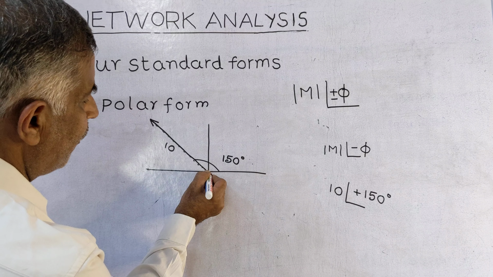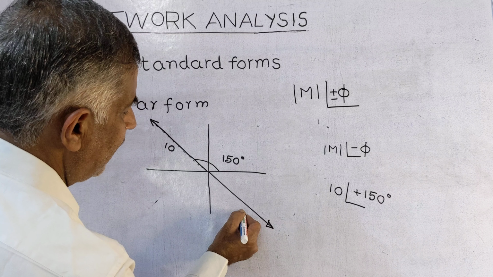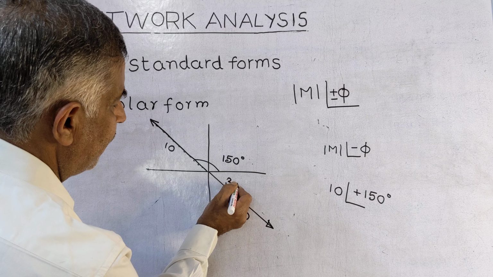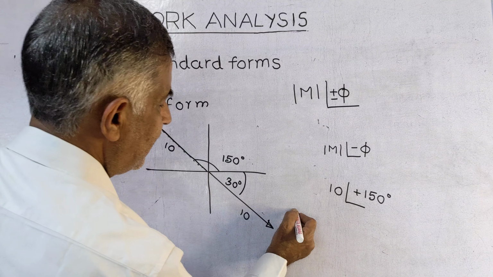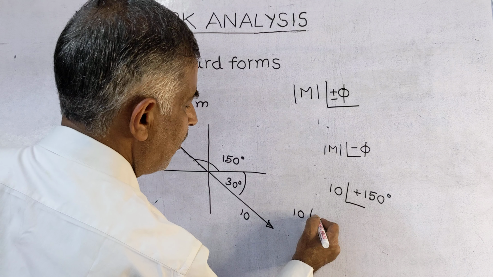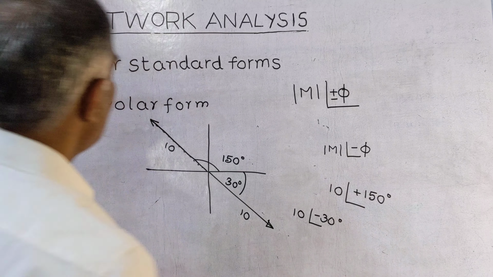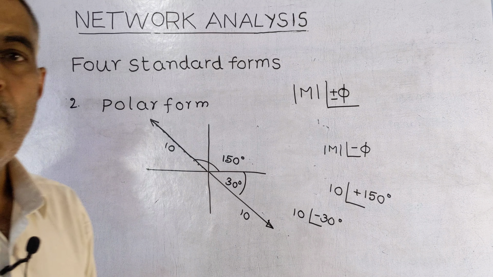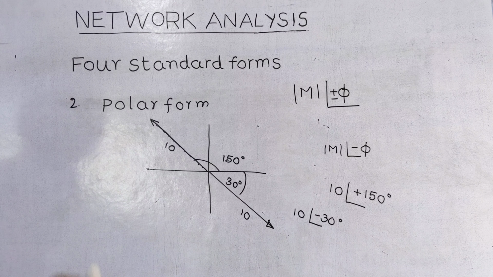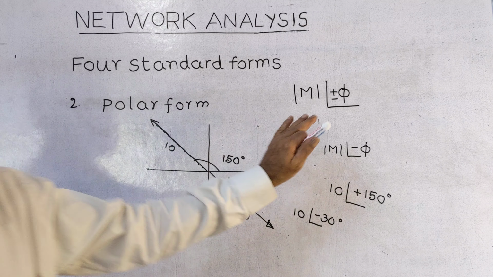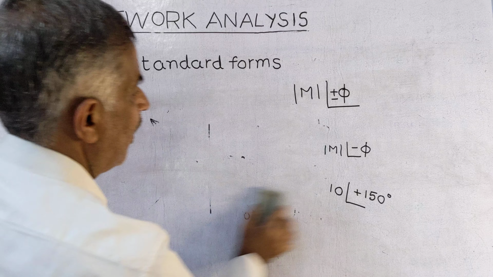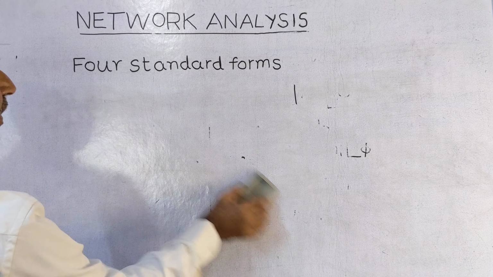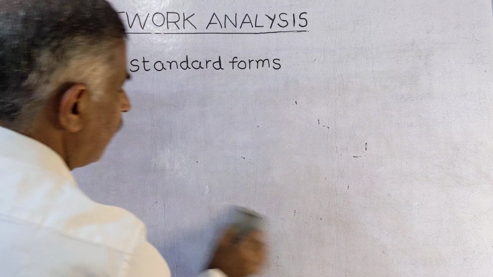For example, if this phasor is at an orientation of 30 degrees below the horizontal axis, then it is 10 angle minus 30 degrees. This is polar form, which is also a popular form, unlike the last two forms.